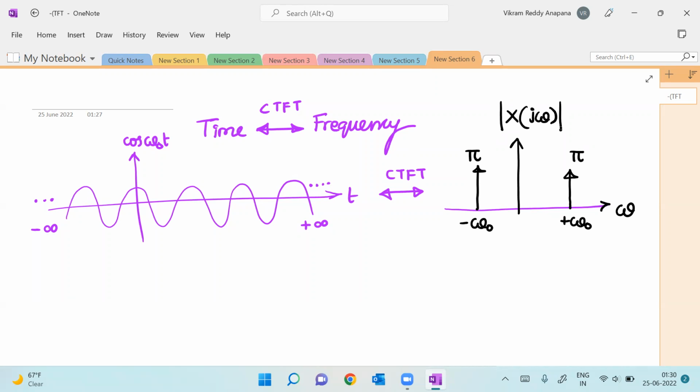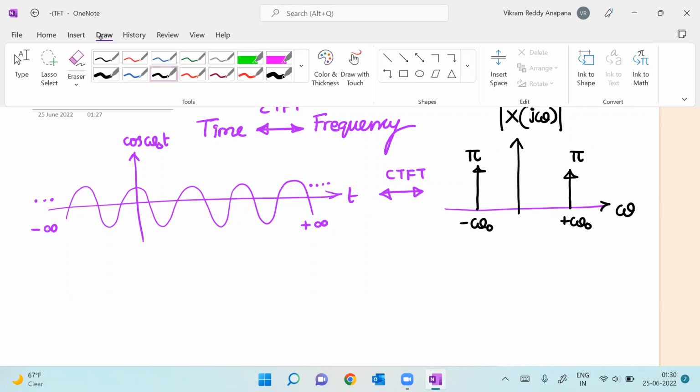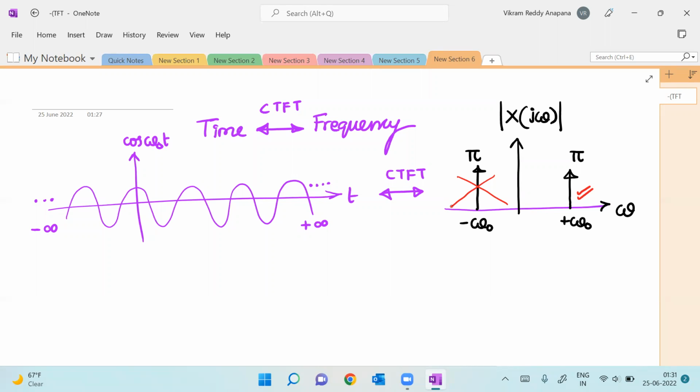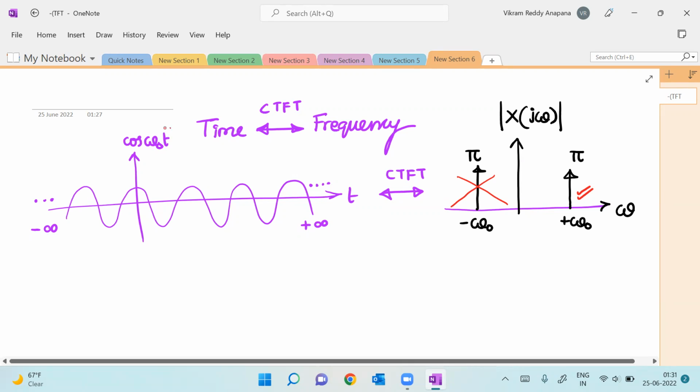For the time being, forget about the image of this. Assume that you have only the positive frequency spike or component and forget about the negative frequency component. But without the negative frequency component, you cannot construct the real signal in the time domain again.